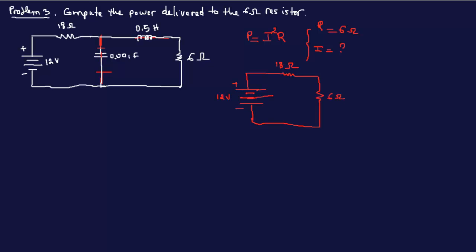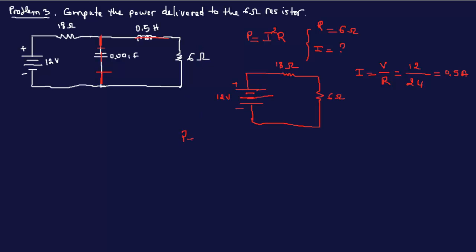But this is asking for power delivered. The current is the same thing, so I is equal to V over R. V is 12, R is the series here, so 24. So this is a half, 0.5 amps. Now we know everything and we can calculate the power.